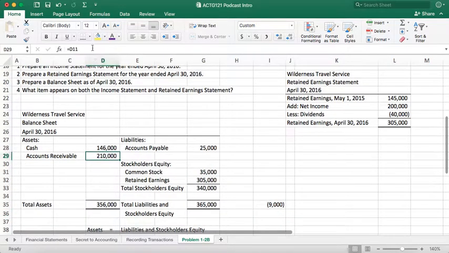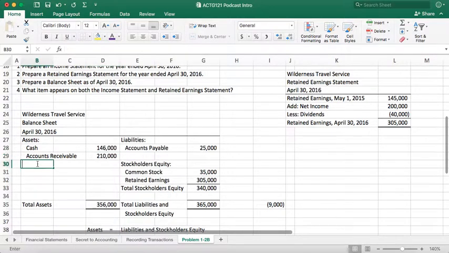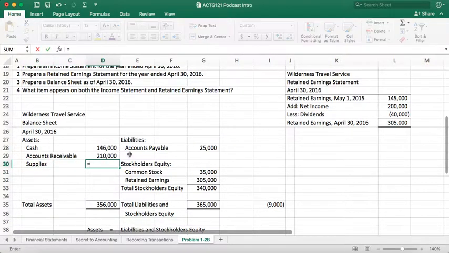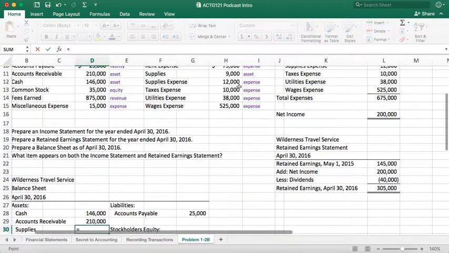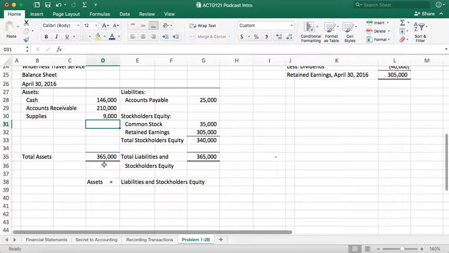Let's add supplies. Remember, that's supplies because it doesn't have a last name. It's an asset. And now, look at that. The assets, which are cash, accounts receivable, and supplies, equal 365. Liabilities, 25, plus stockholders' equity, which is 340. We got it to balance.